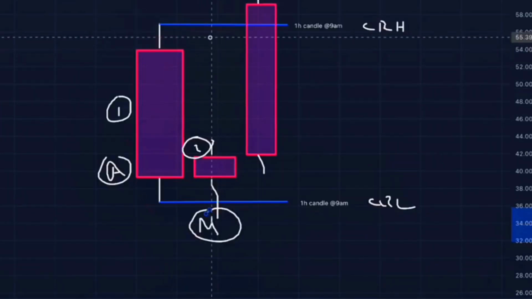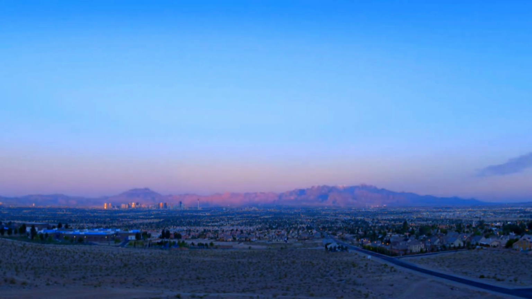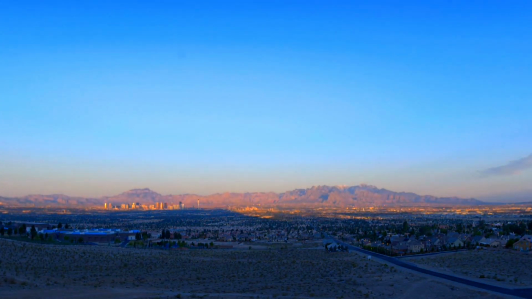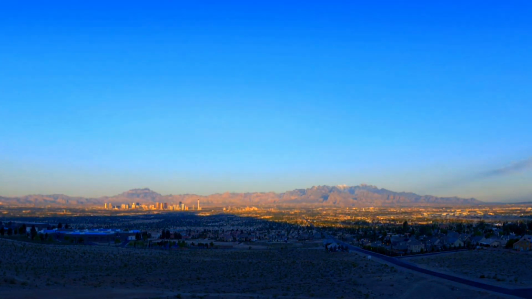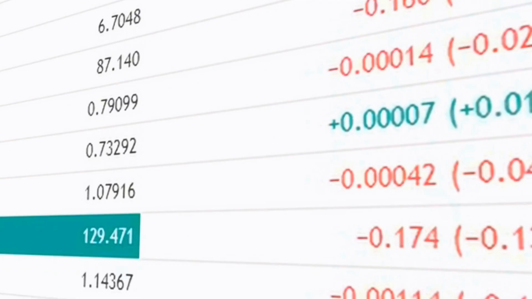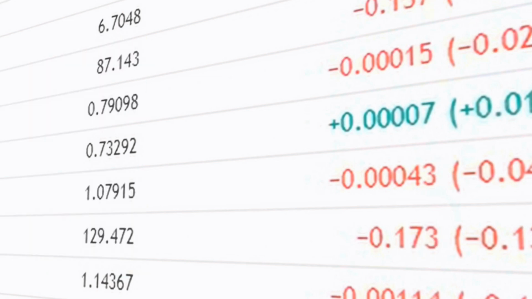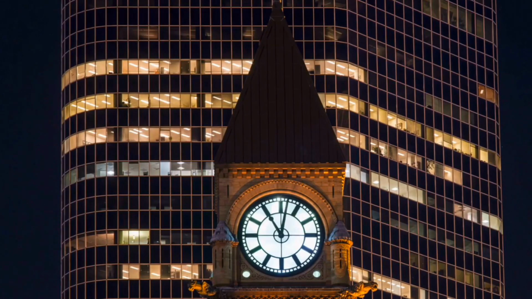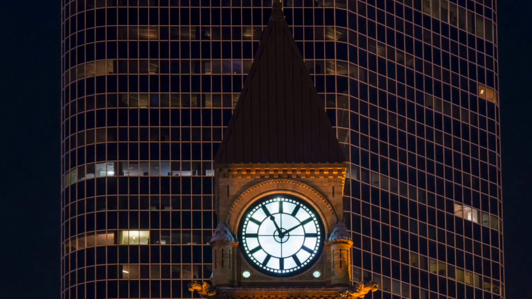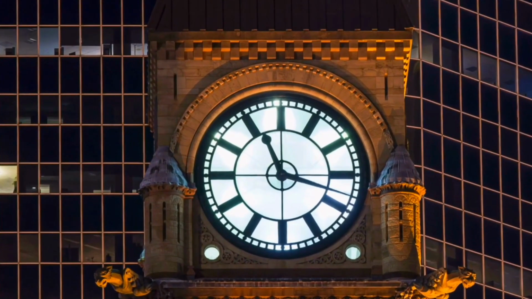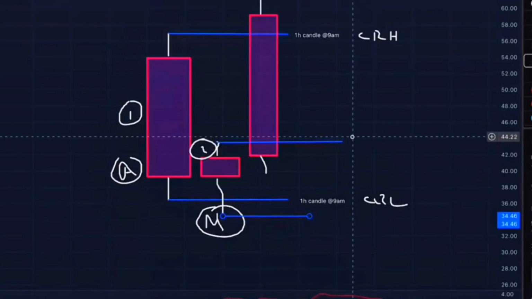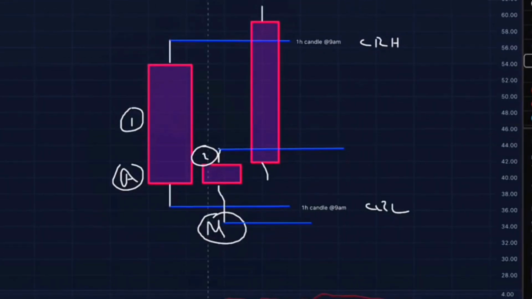Okay, so what we have to do is when we mark the first candle, we're gonna move to the 15-minute time frame. At the 15-minute time frame, we're gonna mark this candle here. Let's say the manipulation here, the second candle that will open, we're gonna mark that one. Its range is gonna be 15 minutes.